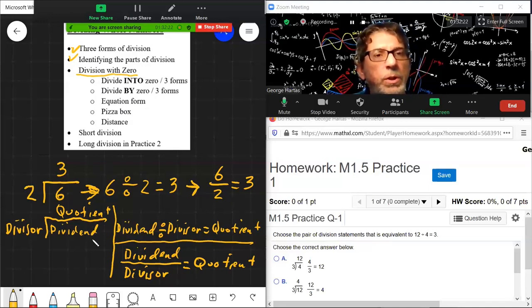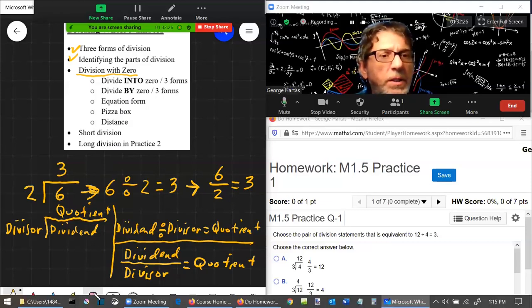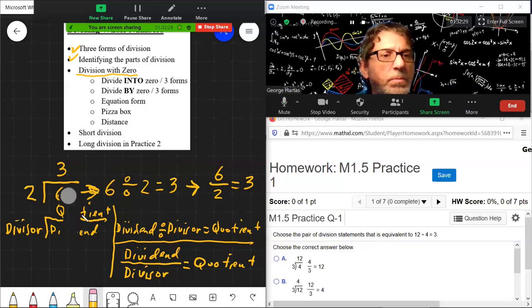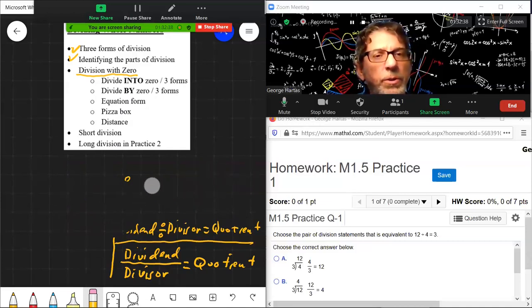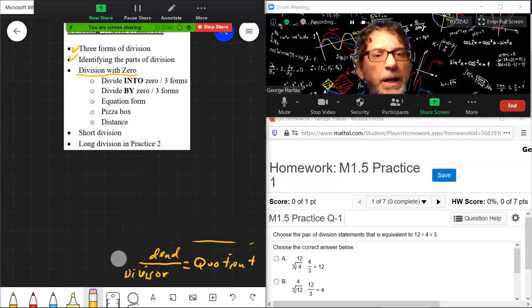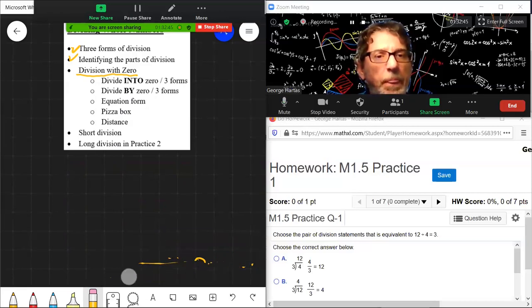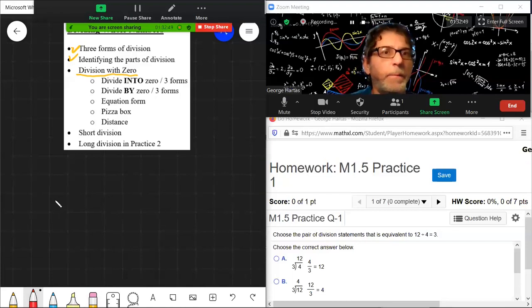So we'll go ahead and erase this, and let me show you some examples, which hopefully will make it easier to remember what the answer is when you divide into zero or when you divide by zero. Let's look at divide into zero first.